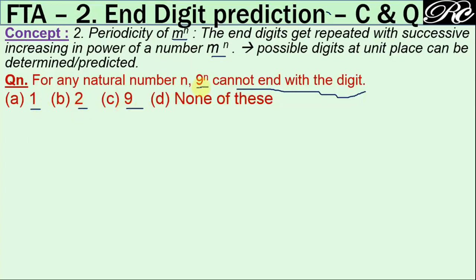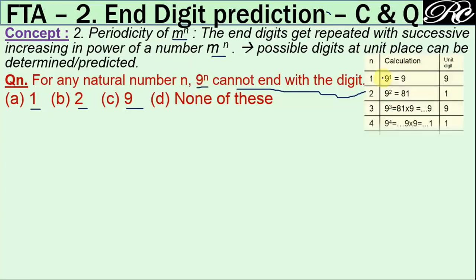By tabulation method we can get it very easily. So choose the possible values of n, take n equals to 1, 2, 3, 4, tabulate the unit digit, you will get it. So it is tabulated here. If n is taken as 1, it is 9 to the power 1, unit digit is 9.